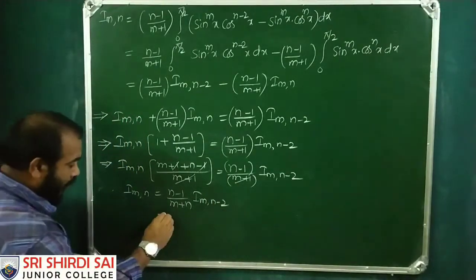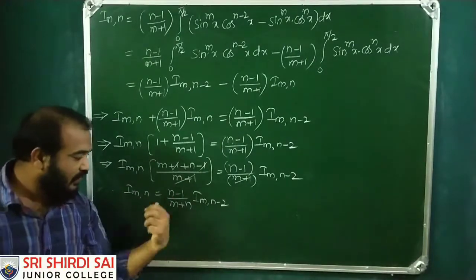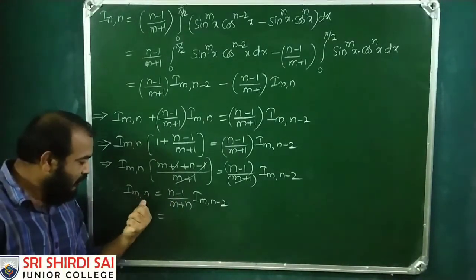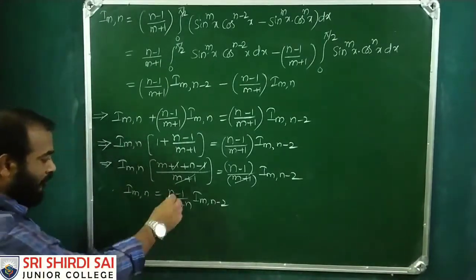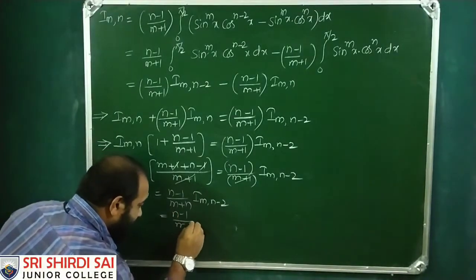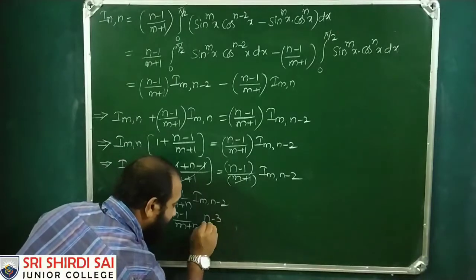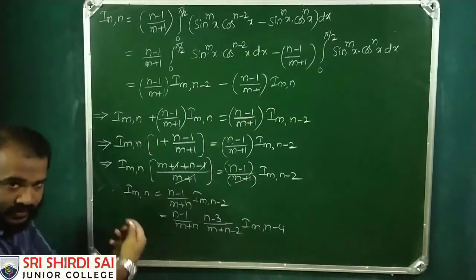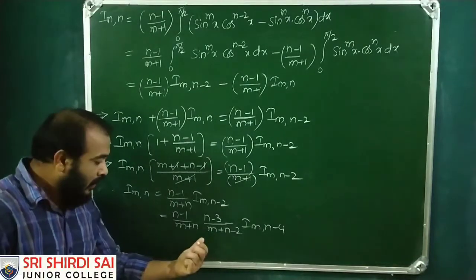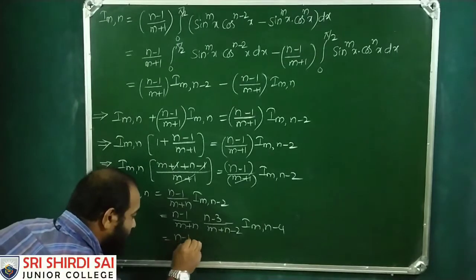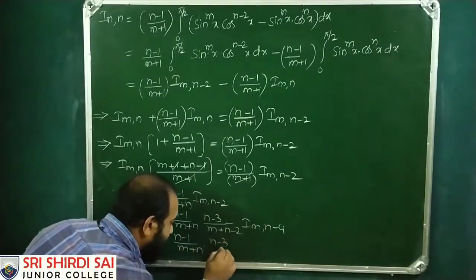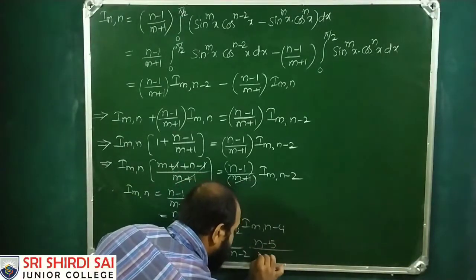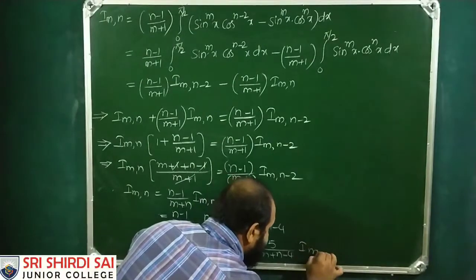If you continue this successive reduction process, I(m,n) is (n-1)/(m+n) I(m,n-2), which is (n-1)/(m+n) into (n-3)/(m+n-2) I(m,n-4). Applying successive reduction further, we get (n-1)/(m+n) into (n-3)/(m+n-2) into (n-5)/(m+n-4) I(m,n-6).